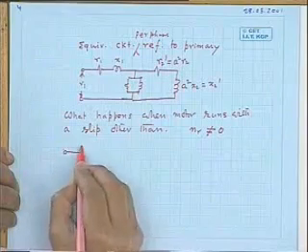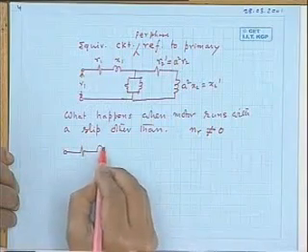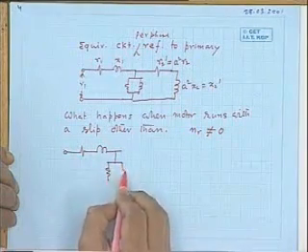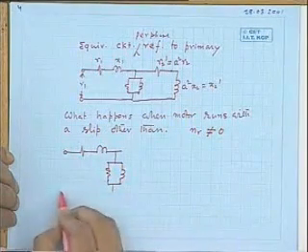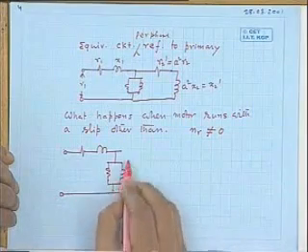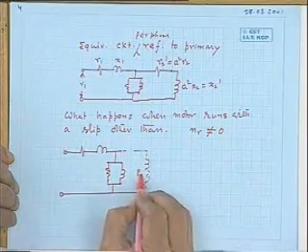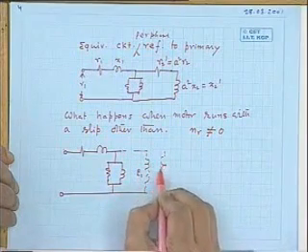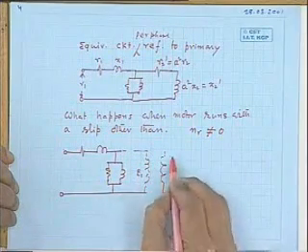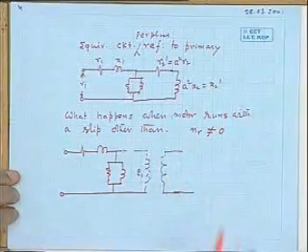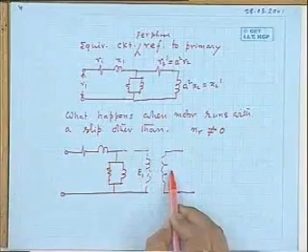Now let us see. Then this primary thing remains the same. This is R1, this is X1, and this is your parallel branch. It is like this, and this is your ideal thing here, E1 voltage. Then this is the exact rotor thing.